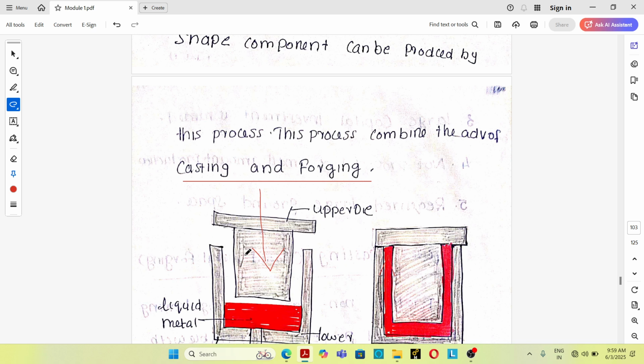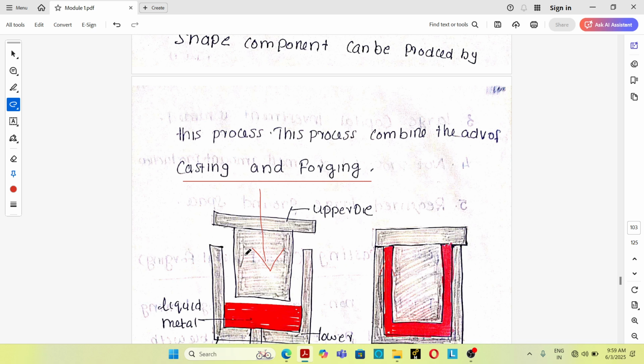In expendable mold casting process, we have discussed sand casting process, shell mold casting process, and precision investment casting process. In permanent mold casting process, we have discussed die casting process. In centrifugal casting process, true centrifugal casting process is a permanent mold casting process. Semi-centrifugal casting and centrifuge pressure casting are expendable mold casting processes. Then continuous casting process and squeeze casting process.